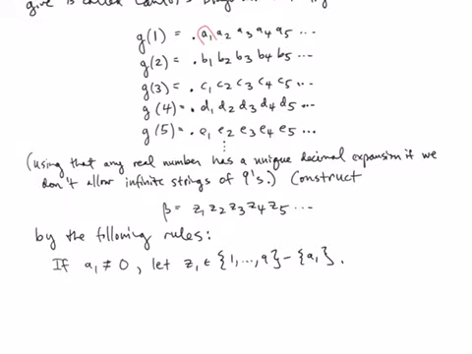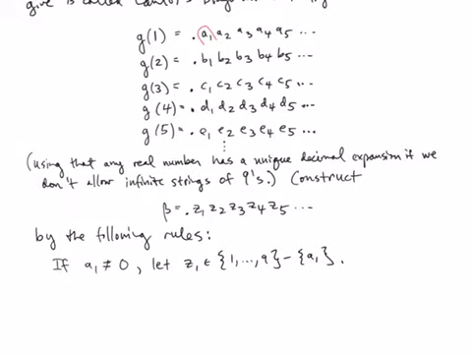It would be an easier rule if, whenever a1 wasn't equal to 0, we just set our first digit to 0. But we don't want to end up with a string of zeros for our number beta. So for this very first one, if the first digit is not equal to 0, we're going to make it something not equal to 0. Just a little bit of a technical point there.